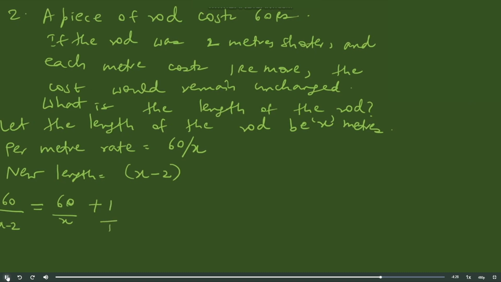Let us solve this equation. 60 by x minus 2 minus 60 by x is equal to 1.